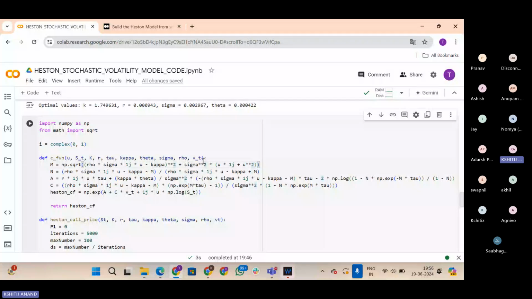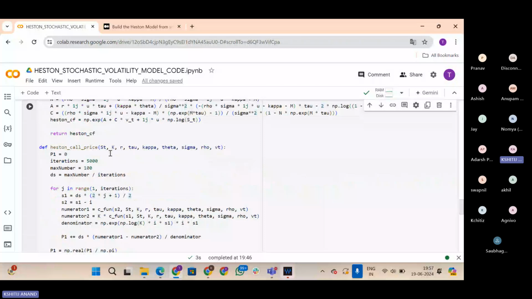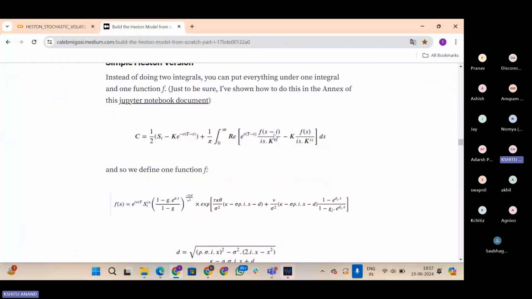It is very easy. You just have to see the function that I have just shown you. So this is the call price that we are implementing. You can see this call price will be very easy for you, because here the numerator is f into s minus i, where f is just the characteristic function, right? In the characteristic function you have to put s minus i.